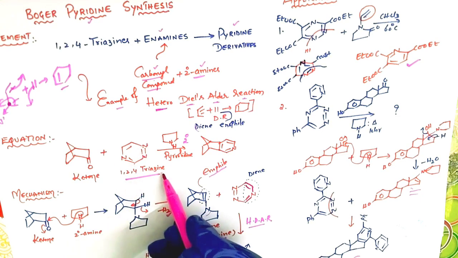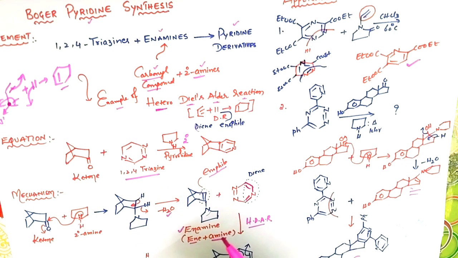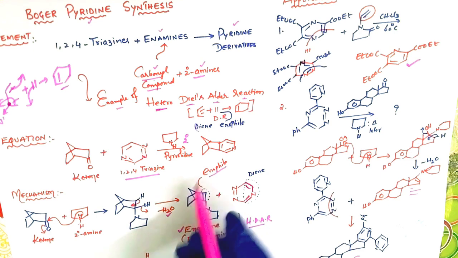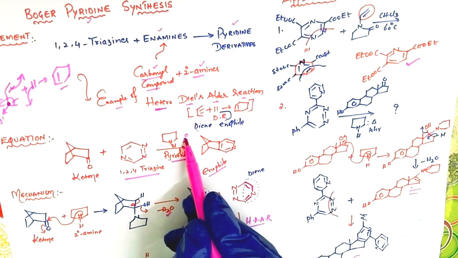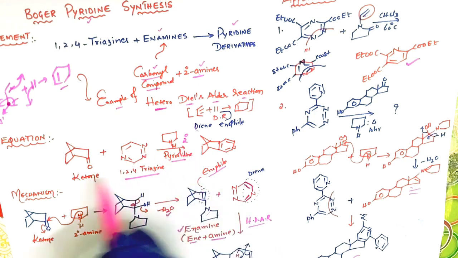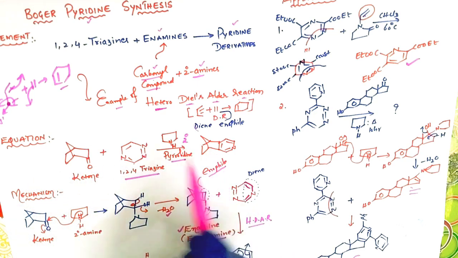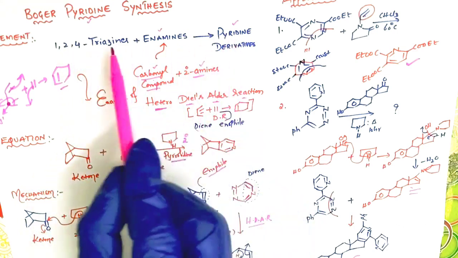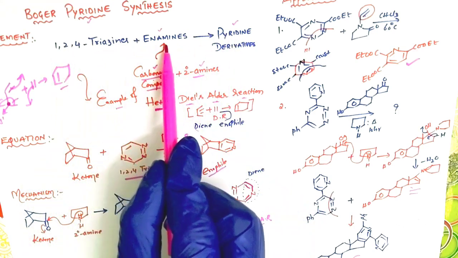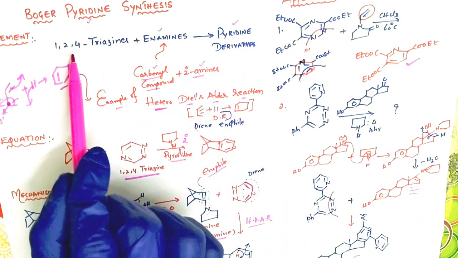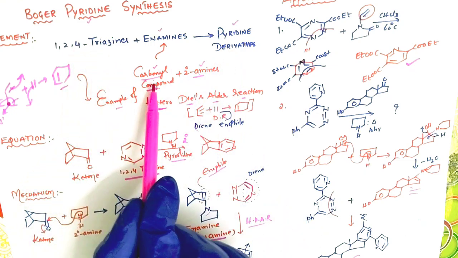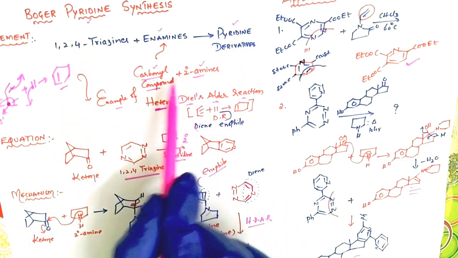Triazine. Pi bonds are there, that's why ene. It is treating with pyrrolidine. Pyrrolidine is a secondary amine. If you see this particular equation, we are not getting 1,2,4 triazine plus enamines gives pyridine derivatives. We are getting 1,2,4 triazines treated with carbonyl compound plus secondary amine.